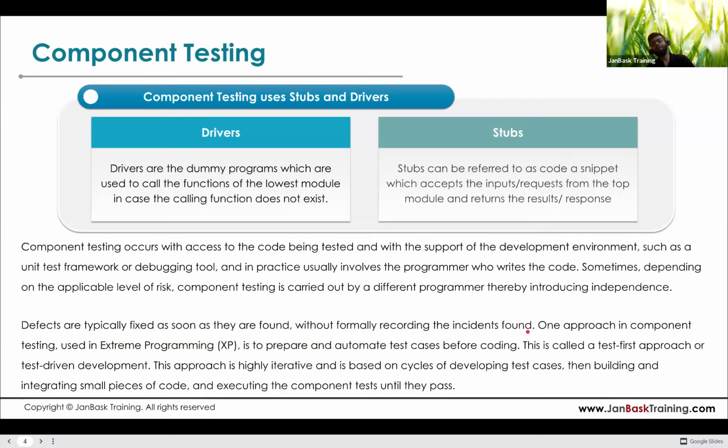If the same developer is testing the component which he has developed, he can fix the code by himself. And if some other developer is testing it, he can just inform the developer, and they can fix the code. But if a tester is testing the whole component, then it can be logged in the defect management tool as well.